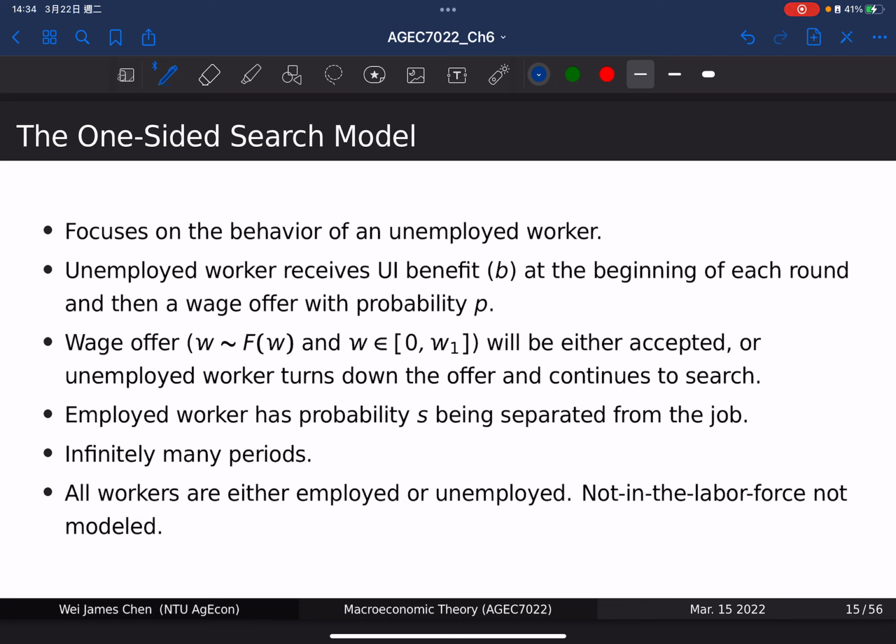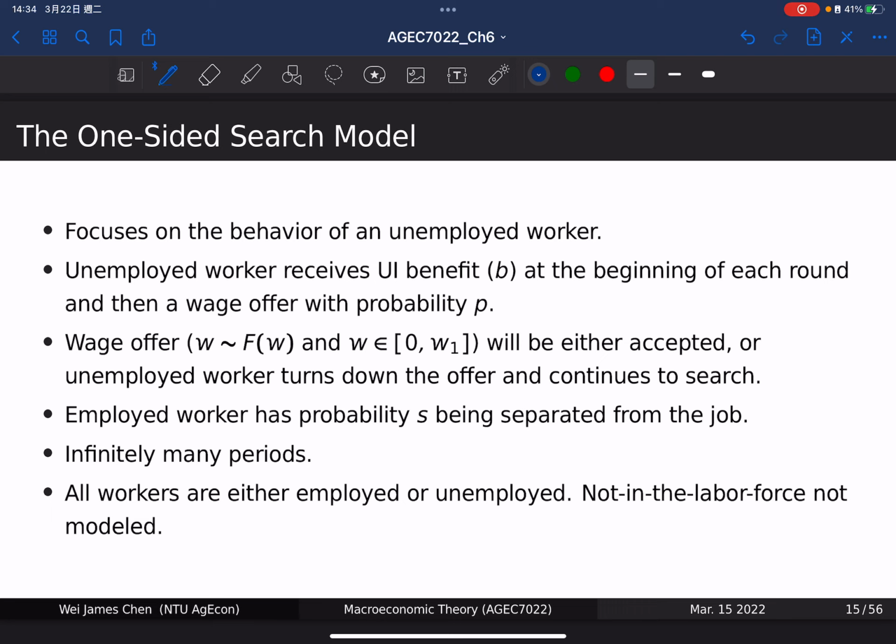If he is an employed person, because this is an infinite period model, there is still a probability S that he or she will be separated, meaning he or she is fired and no longer has this job. He'll go back to the unemployed status, and then he will keep searching for a new job.